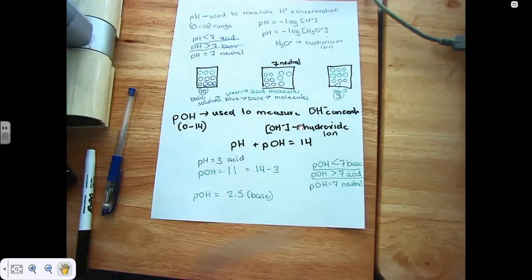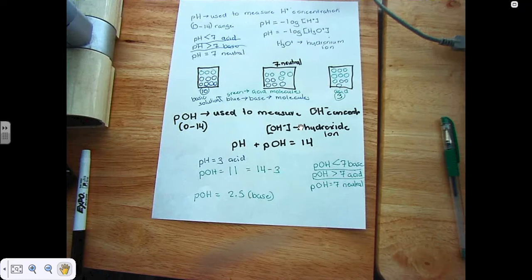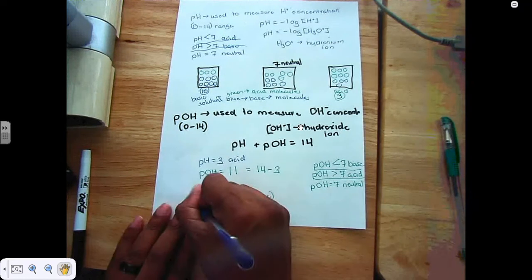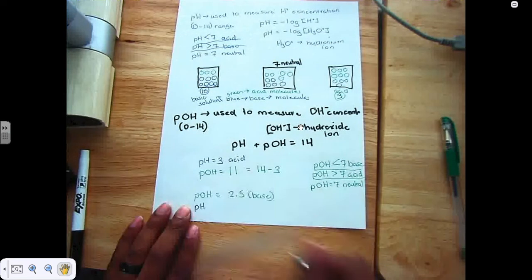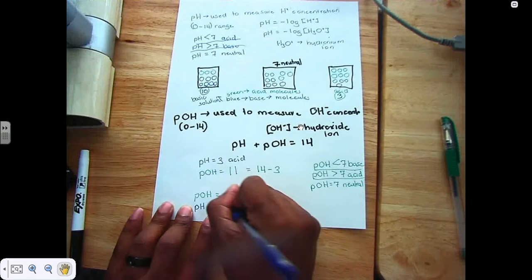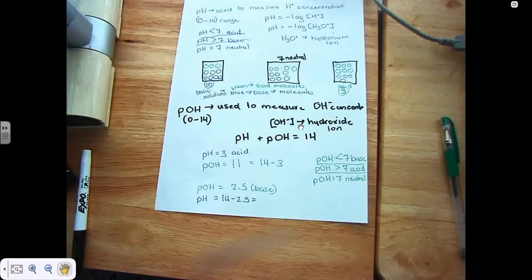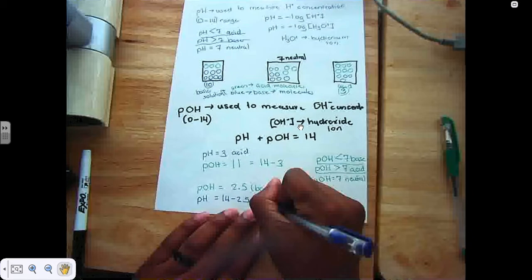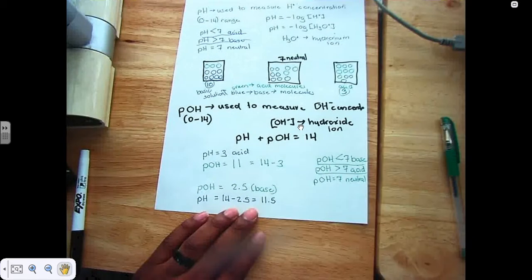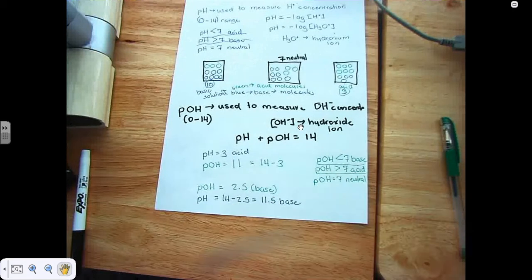Now, what can you tell us about the pH of something that has a pOH of 2.5? Well, easy. If you take the pH, it really just represents the value of 14 minus 2.5. And so if you took that value and you got your 14 minus your 2.5, you end up with 11.5, which for pH, that is a base because it has a value greater than 7.